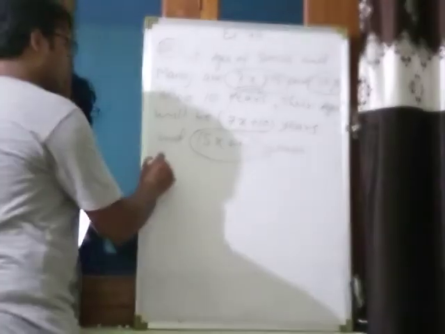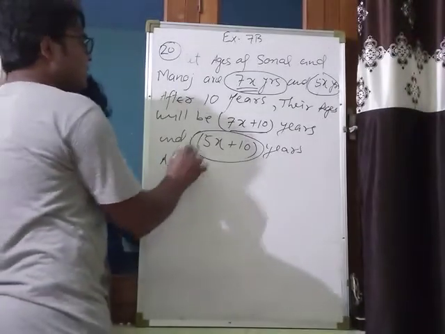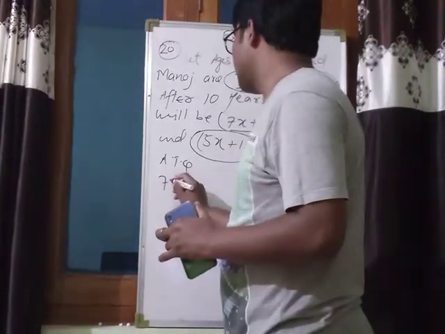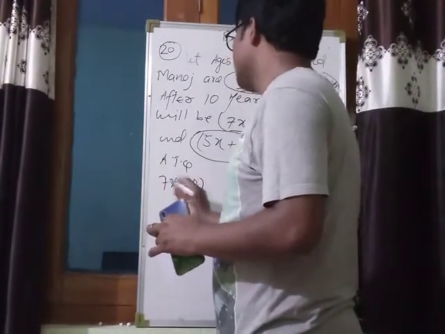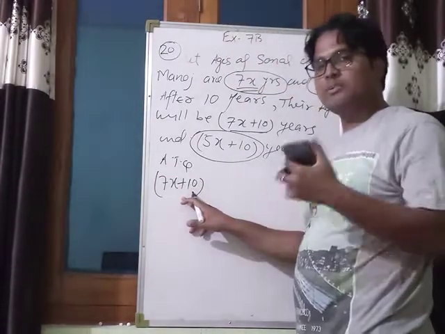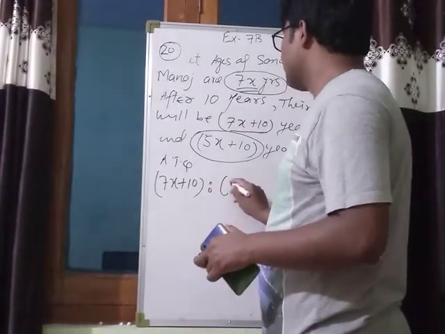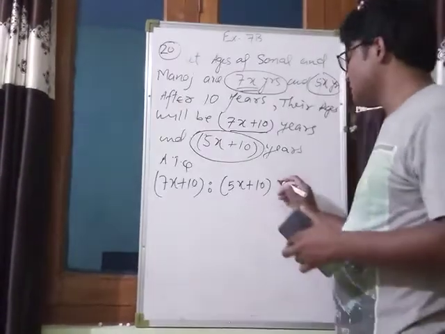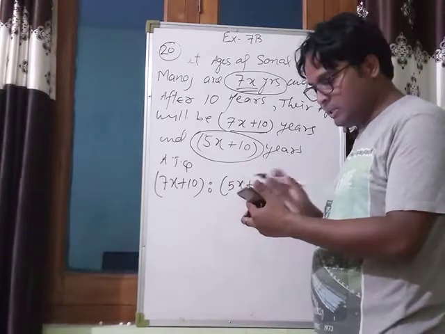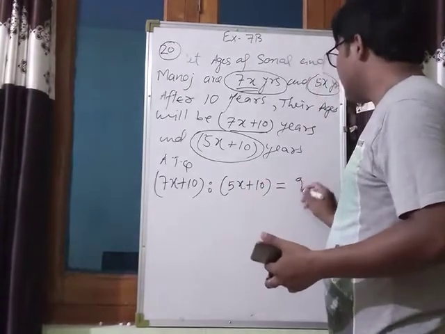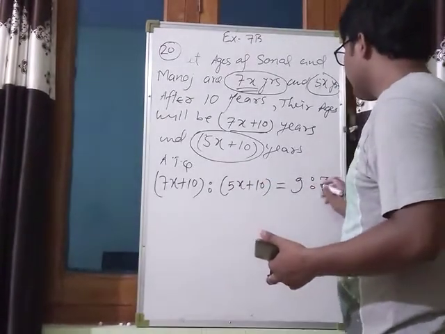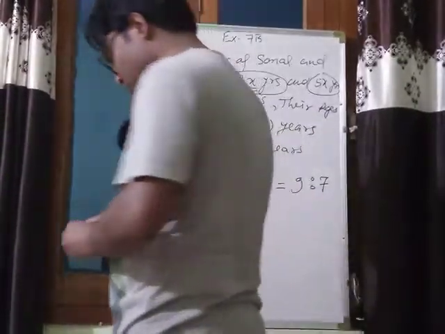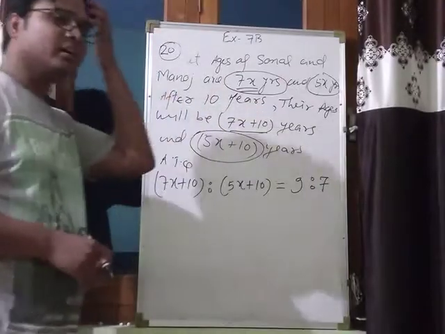According to the question, the ratio between their ages after 10 years, that is 7x plus 10, the age of Sonal after 10 years, to 5x plus 10, the age of Manoj after 10 years, will be in the ratio 9:7. So we have to find out the present ages of Sonal and Manoj, means we have to find out 7x and 5x.